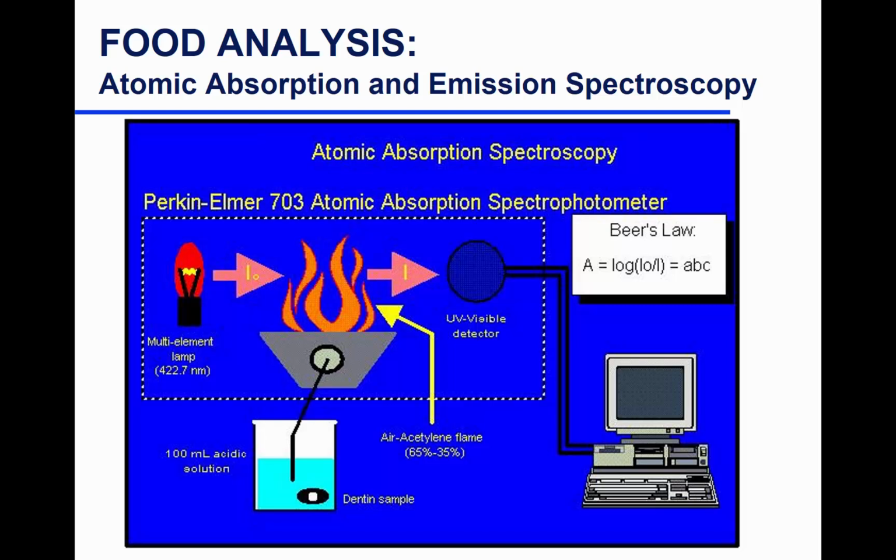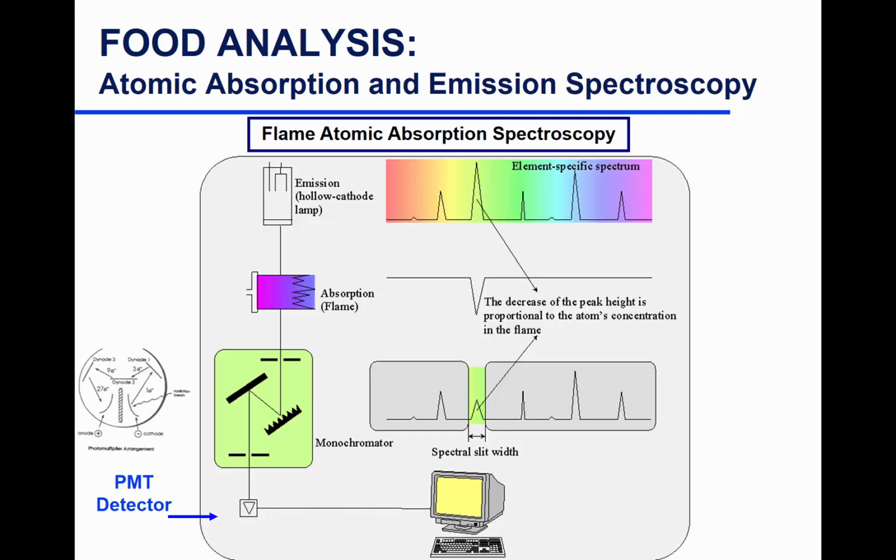But usually we run standards, and then we measure absorption of the standards and construct a standard curve. So again, another illustration here where you get the monochromator that isolates the wavelength of interest and measure it, and you can see that the change in the spectrum of a specific element is due to absorption of light at that specific wavelength.